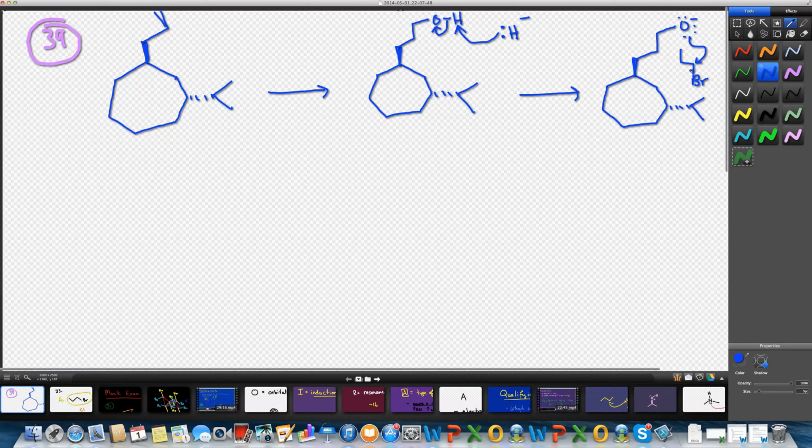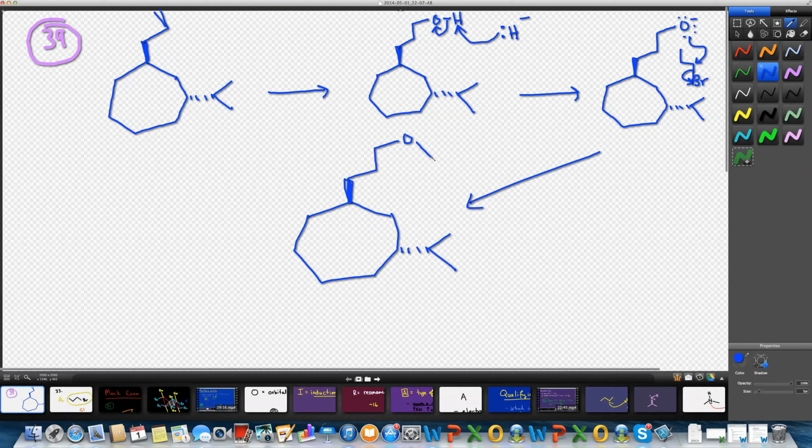This is called the Williamson ether synthesis. And we haven't been taught this formally in class, but we have learned formally about substitution reactions. So this is something I would expect you to be able to figure out. And you get this compound which is consistent with credited response B.